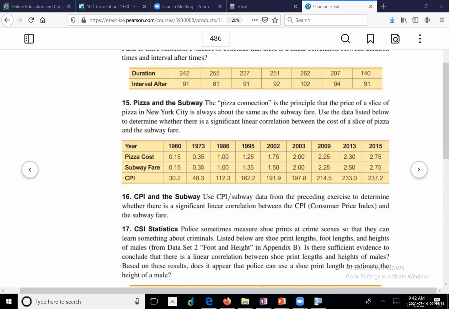Pizza and the Subway. If you're interested to read, you can either start reading or text me and I call your name to read.